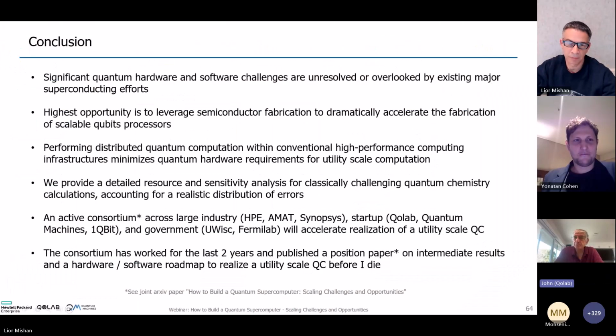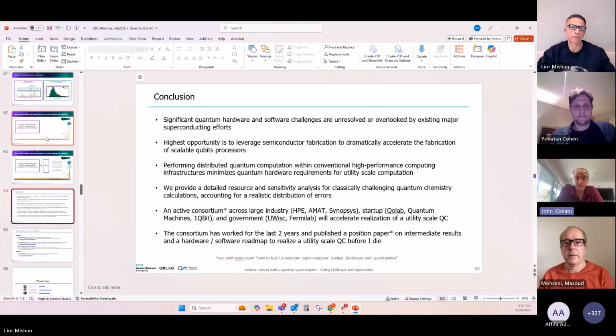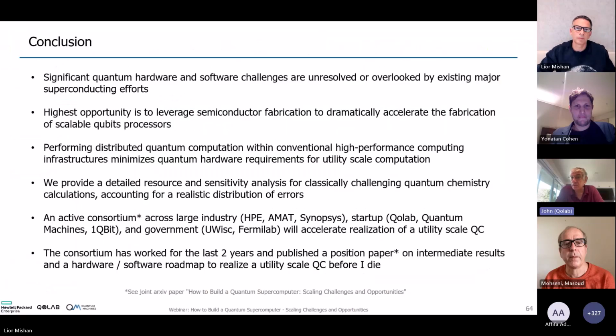Okay, so thank you very much. I just want to give a conclusion slide here. We think there are significant challenges in both hardware and software to build this, and I would say they are minimized or overlooked by many of the projects out there. The key idea here is to leverage the expertise of the semiconductor industry, because they know how to build things quickly, reliably, and at lower cost.